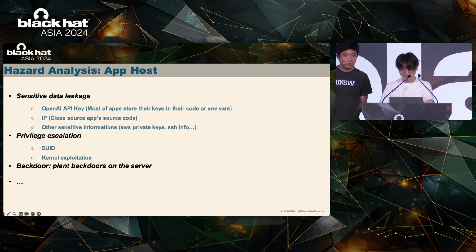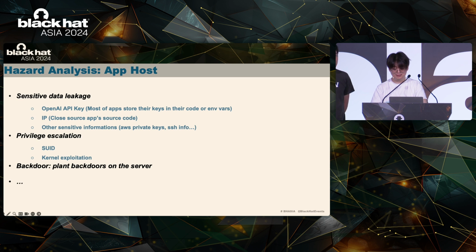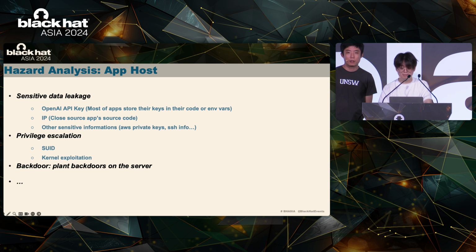An attack on the app host appears to be very straightforward. First, the attacker can obtain sensitive information on the server. Many sensitive pieces of information are stored in files or environment variables. For instance, many apps store their OpenAI API key in environment variables, which can be directly obtained by the attacker, and they can steal the developer's OpenAI API key for their own usage.